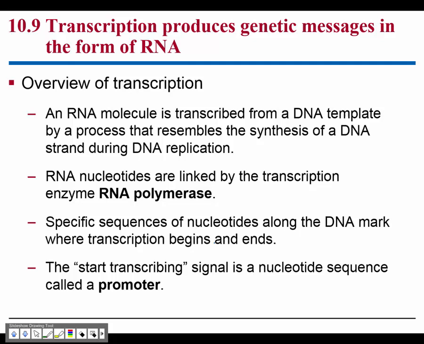It helps things move. It's a protein that kind of helps this process go along. And then we have specific sequences of nucleotides along the DNA that mark where to start and where to stop, back and forth. The start transcribing signal is a sequence called a promoter. It promotes transcription.